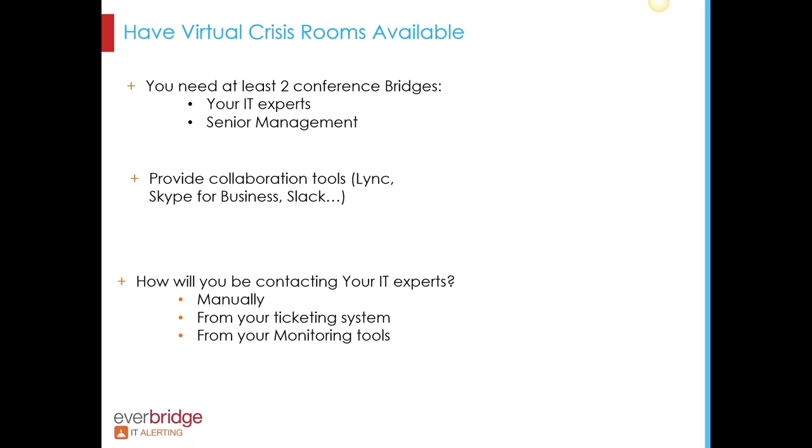Because you don't want to have the business people ask business questions to your technical people. It's just going to create distraction, and again, IT experts should be focused on restoring the service ASAP. So at least 2 conference bridges. Why at least 2? Because you may need others for legal, for the business continuity people, for risk management.